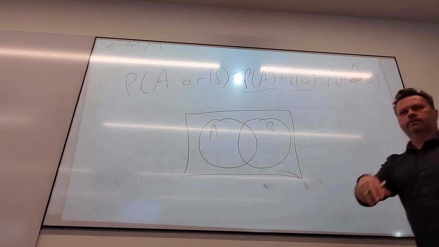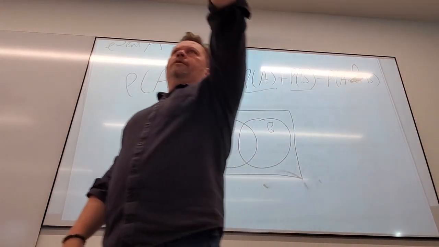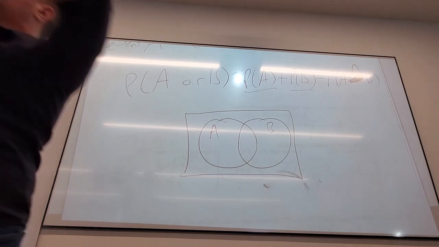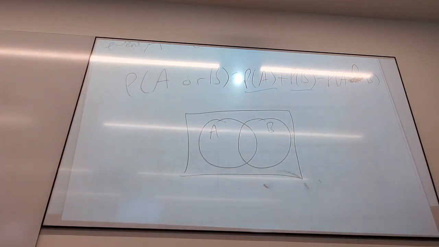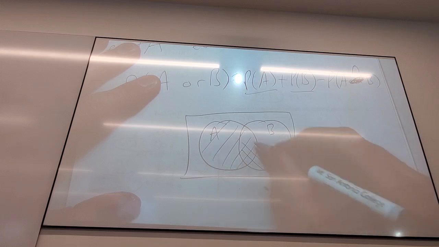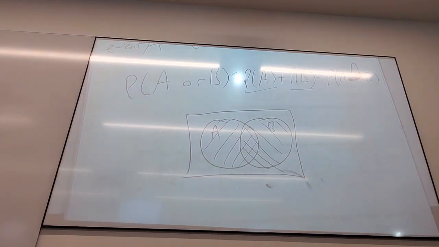So if I want the probability of A or B, visually you can very quickly see, if I add all of A to all of B, I added something twice. And that part I added twice is exactly the intersection. It's exactly the and. So there's a visual kind of proof of this.